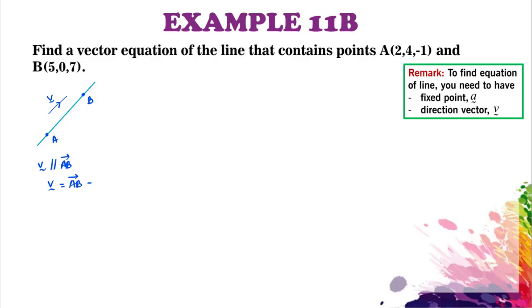So by resultant vector, we have OB minus OA. So your direction vector is 3i minus 4j plus 8k.